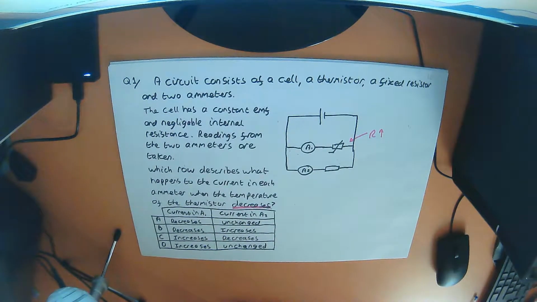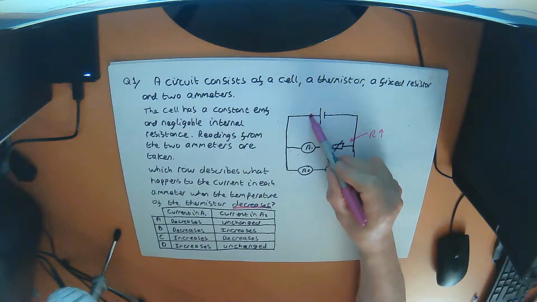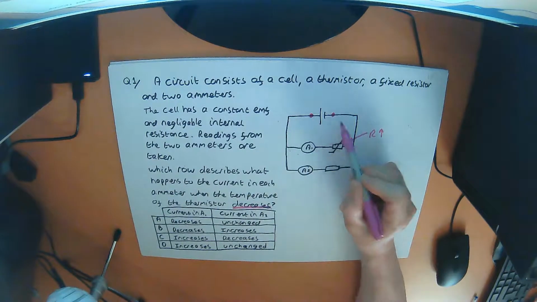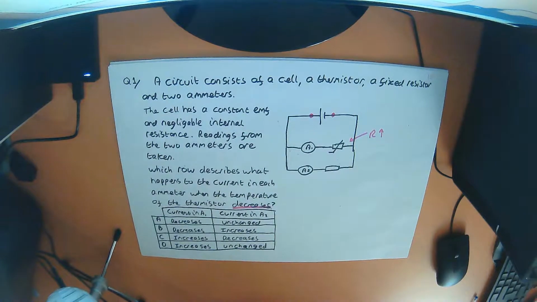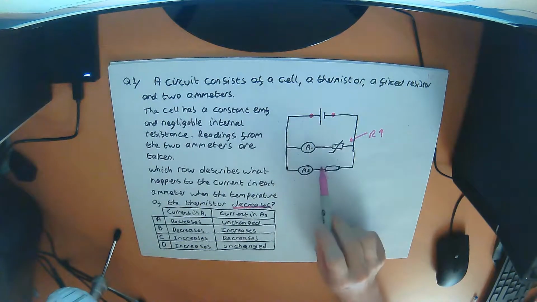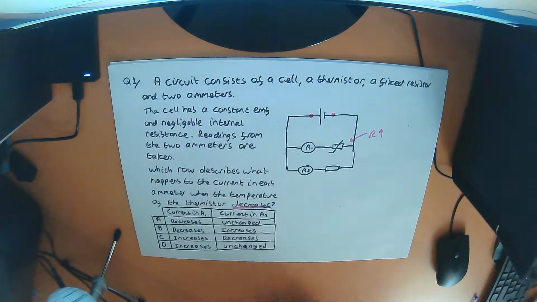What we're trying to find out now is what happens to the current in the two branches when this happens. What we know is that this has no significant internal resistance, and that means that the potential difference across the thermistor and the potential difference across the fixed resistor won't change.